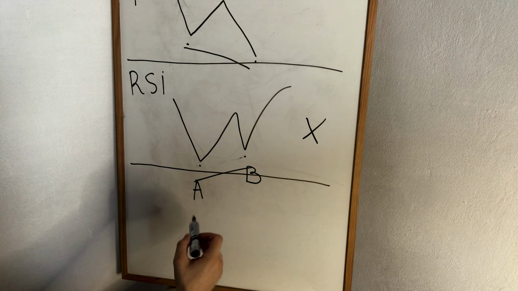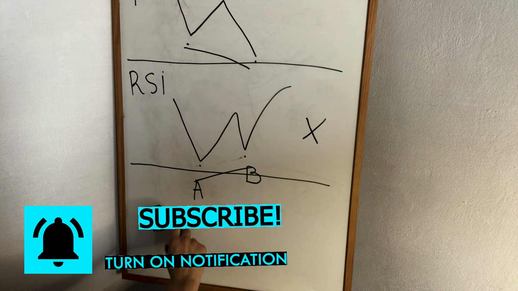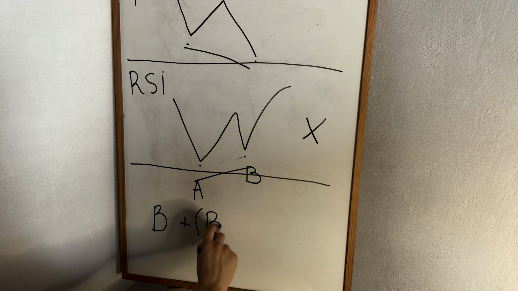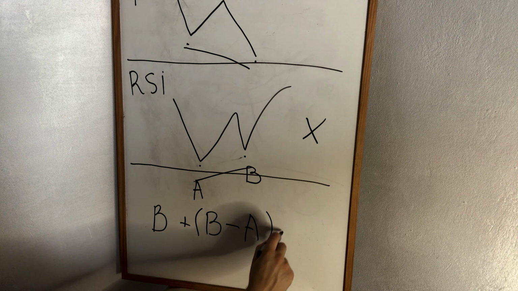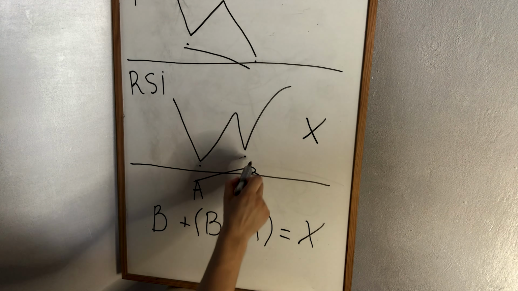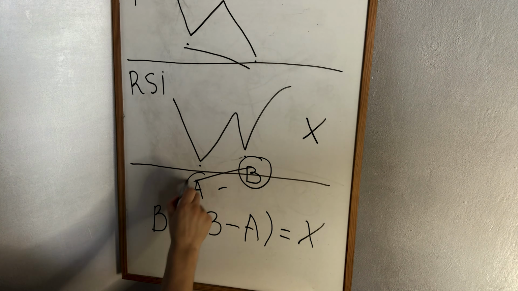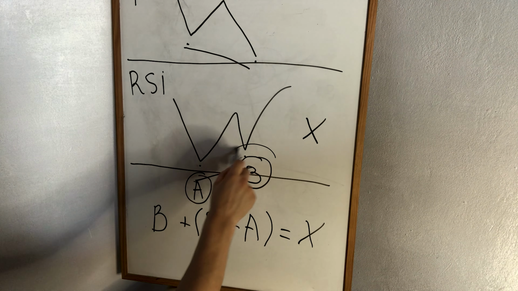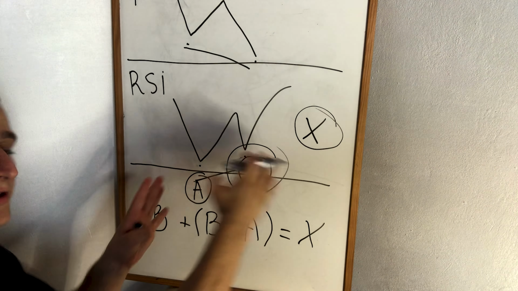The formula would look like this: B plus bracket B minus A bracket straight X, or in other words, this higher low right here minus this lower low from the RSI plus this higher low makes this, okay? So this is the formula.